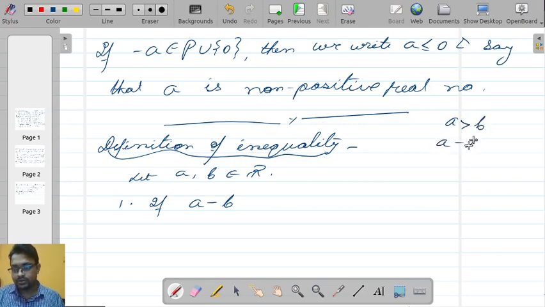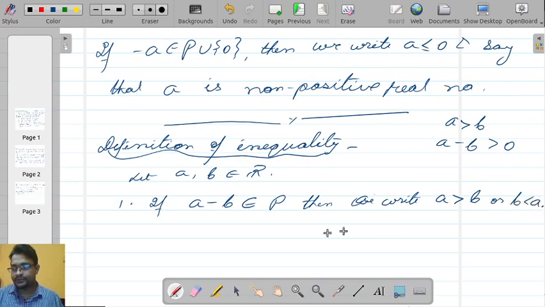We say that A is greater than B if A minus B is positive. In terms of this set order properties, if A minus B belongs to P, then symbolically we write A is greater than B, or B is less than A.